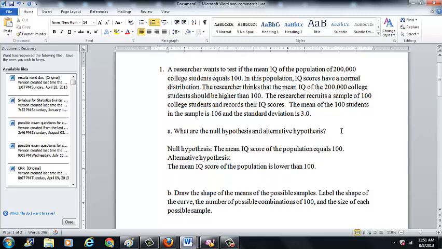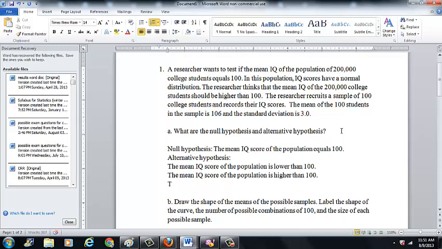That's one possibility. Another possibility is that the alternative hypothesis could be that the mean IQ score of the population is higher than 100. The third possibility is that the mean IQ score of the population is different than 100.